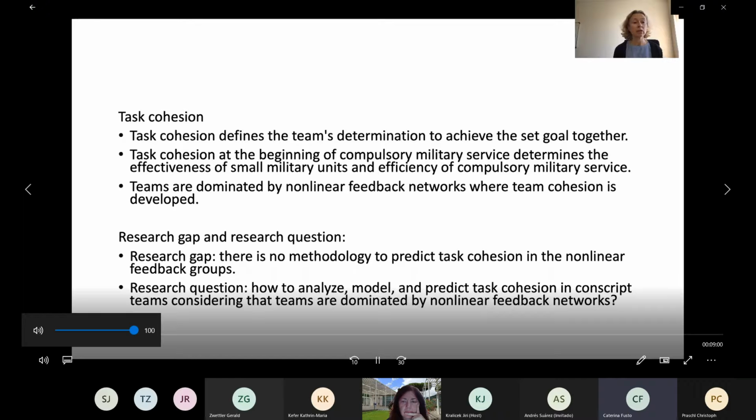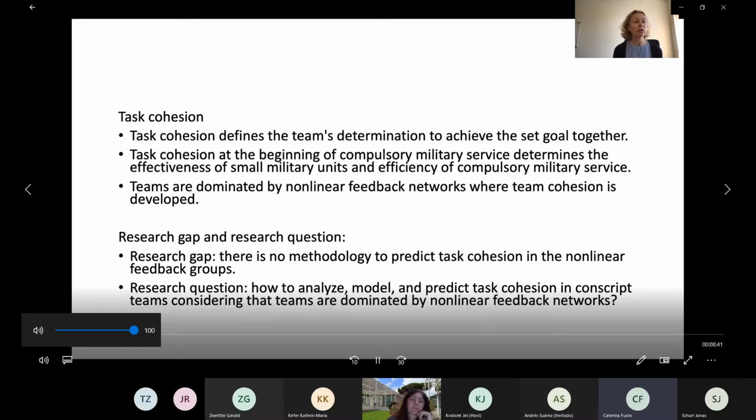And task cohesion is highly important for compulsory military service because it defines the effectiveness of small military units and, in general, the efficiency of the compulsory military service.